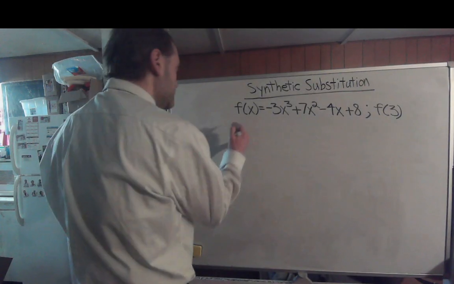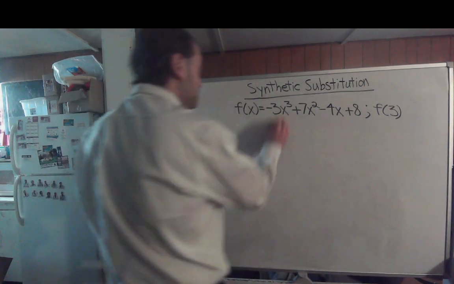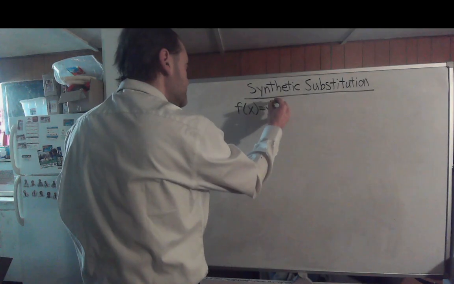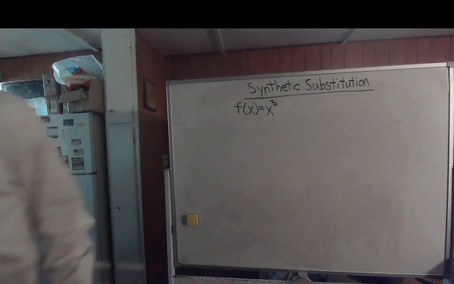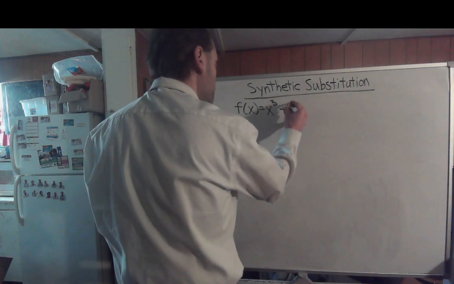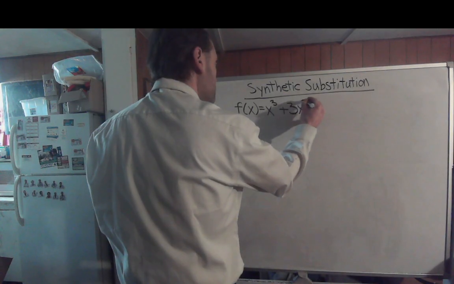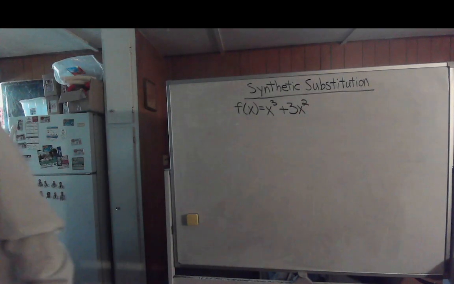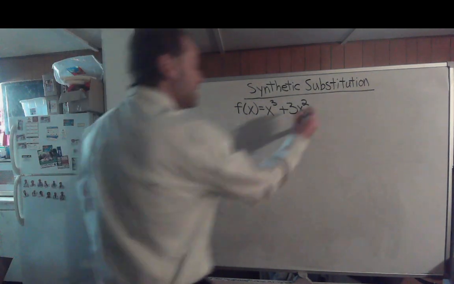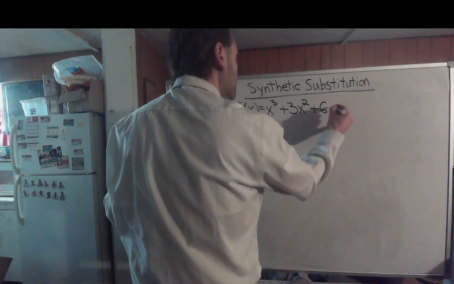Alright, what's next here? I should probably establish what the new function is, right? Let's see, f of x equals x to the third plus 3x squared plus 6x minus 11.